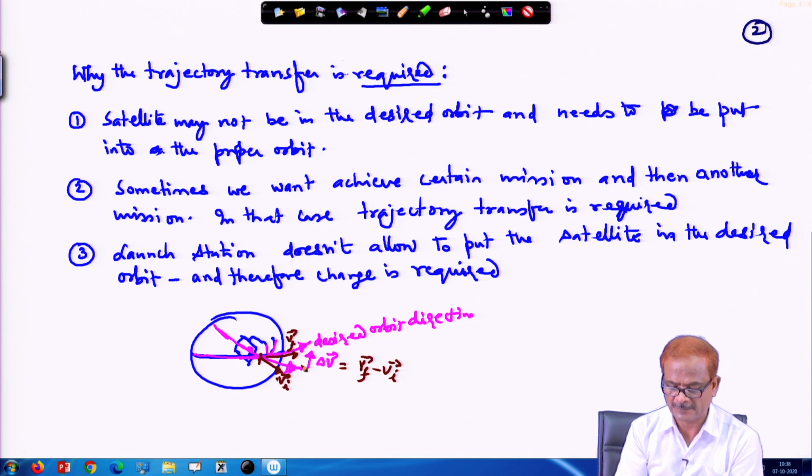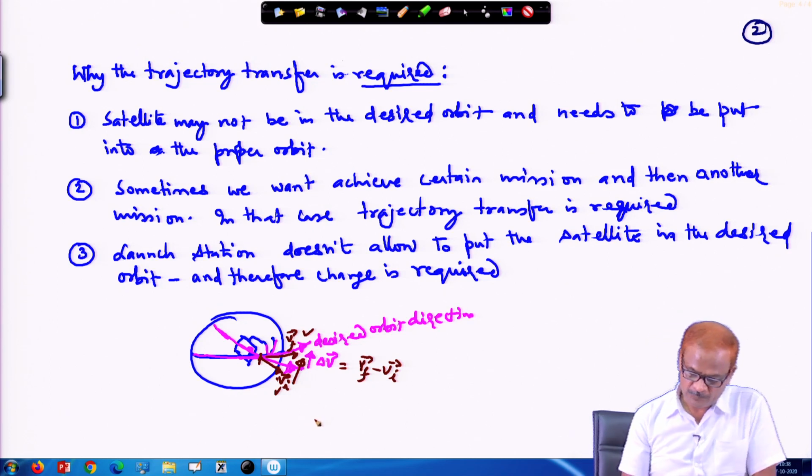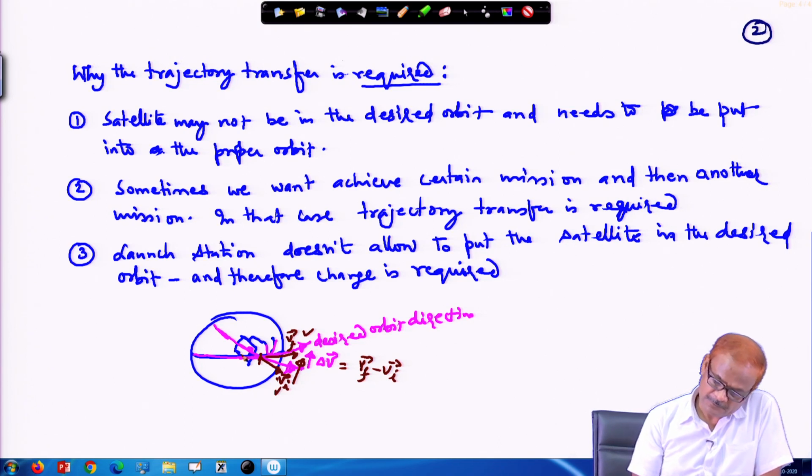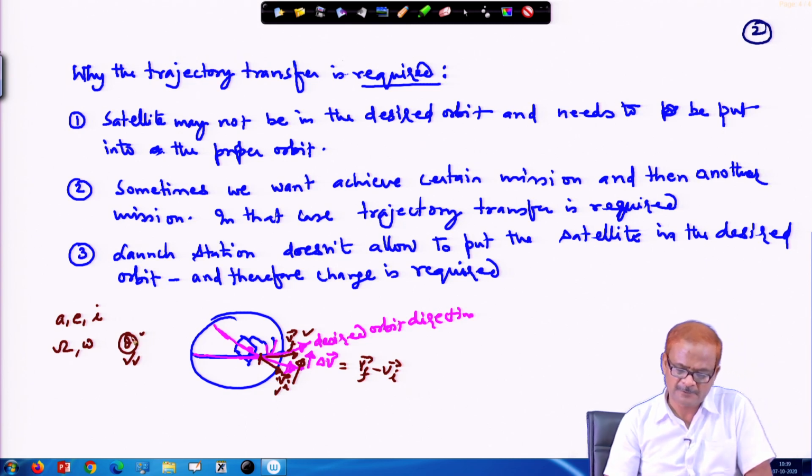So if you give an impulse like this in this direction, okay, this velocity vector will change to this velocity vector, and thereby your satellite orbit will change. Okay. So this way you can change not only A, E, I etcetera, but also the nodal angle, the argument of perigee, and obviously theta is the true anomaly. So this is also done in the same orbit, you can change the value of theta.